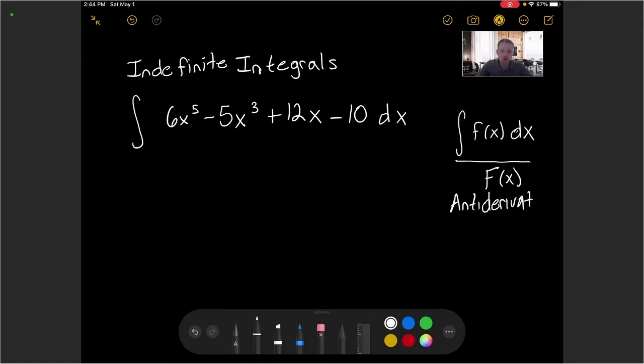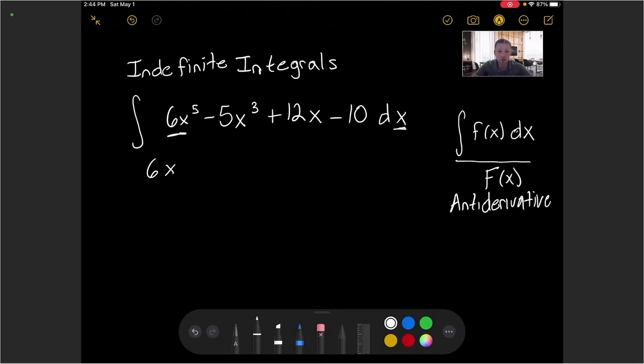So let's take a minute to go term by term. When we take an antiderivative of a function with sums and differences, we'll just want to go to each individual term and take its antiderivative. So we'll start from left to right here. Taking the antiderivative with respect to x, this first term is going to be 6x^5.